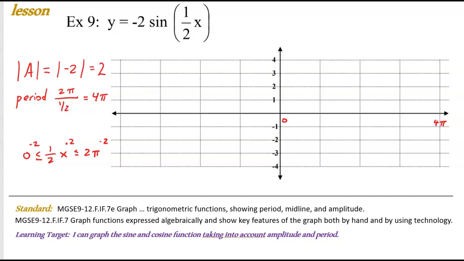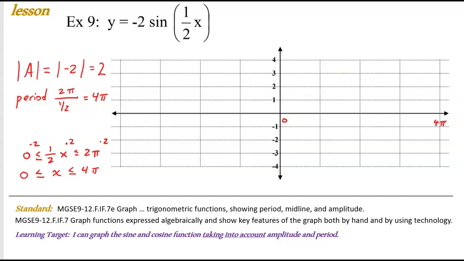So I do that in all 3 parts of the inequality. 0 times 2 is 0. We get 0 here. That won't happen next time. 1/2 times 2 is 1, so we have 1x. And then 2 pi times 2 is 4 pi. So I do want to live between 0 and 4 pi to see one full wave of my curve.